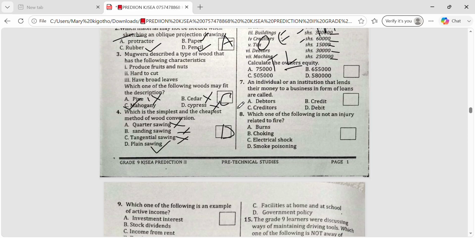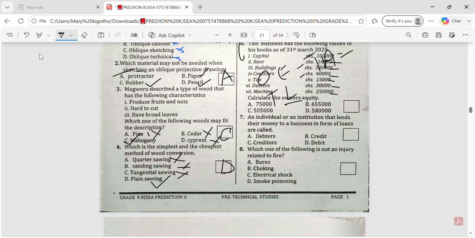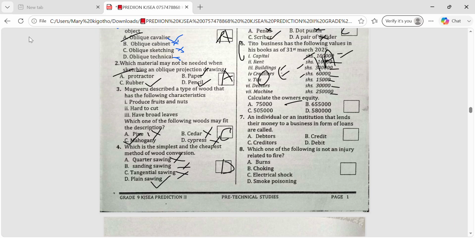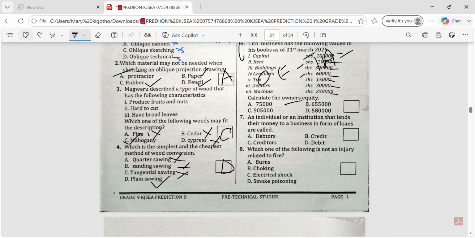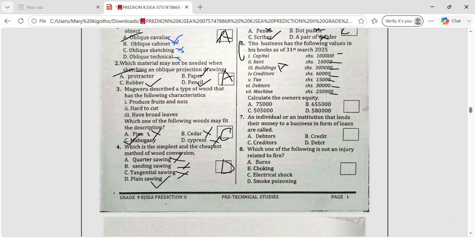So here we need to get what are the assets that we have. Let me first delete that so that you can have a clean page. Assets that we have: building, that's an asset.